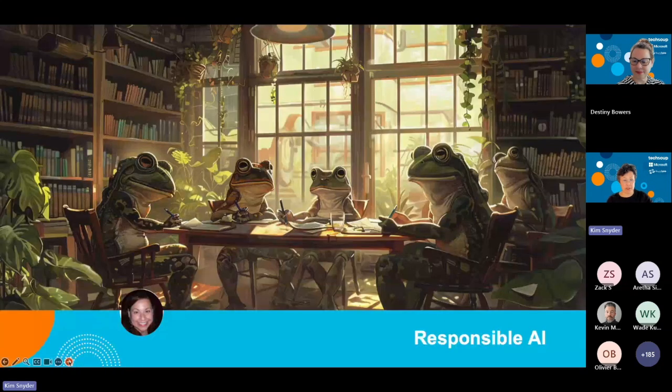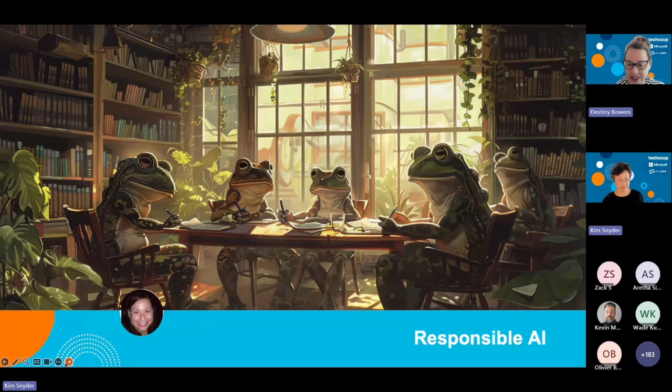Oh, and now Destiny will talk about responsibility. So if you think back a few slides ago when Kim showed the we don't have time for it slide with the square wheels, we learned that having round wheels can help improve things for you. One of the concerns that comes up for a lot of folks is what is going to happen to people when we start using AI for everything?